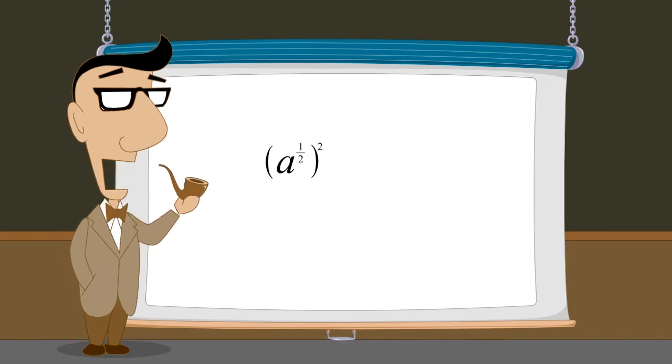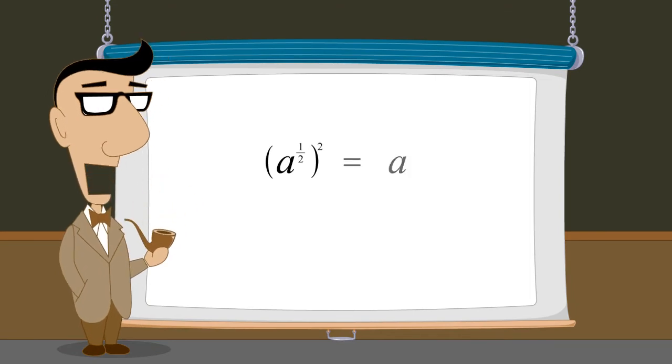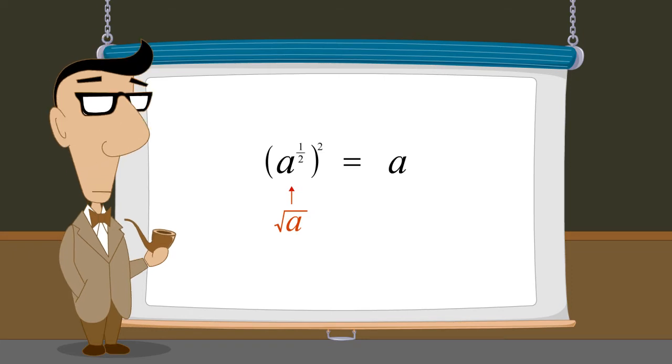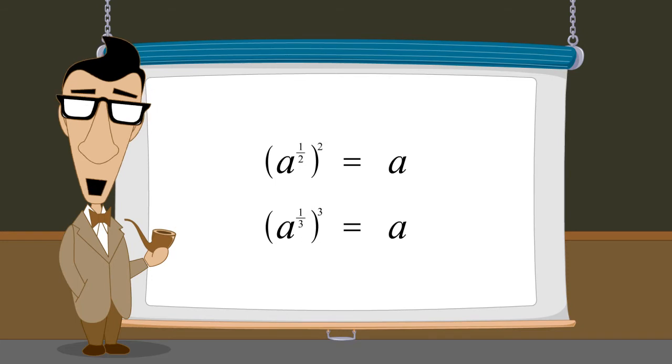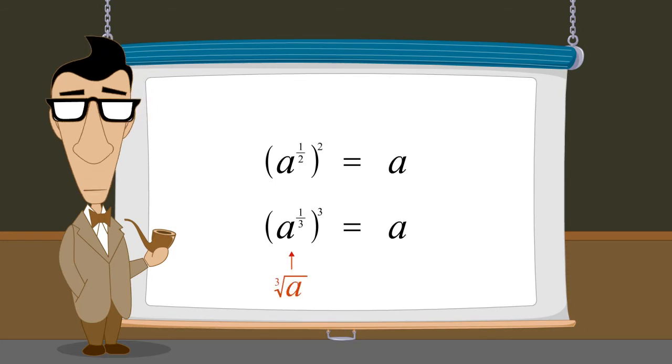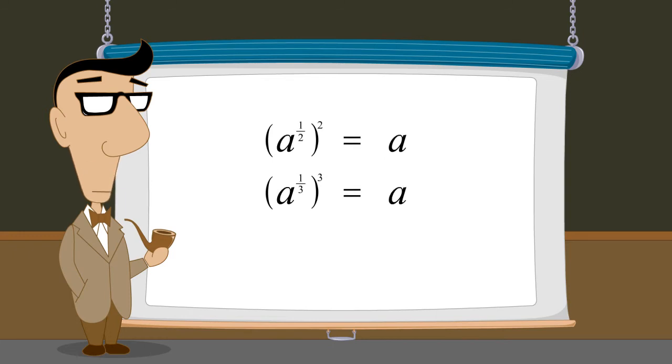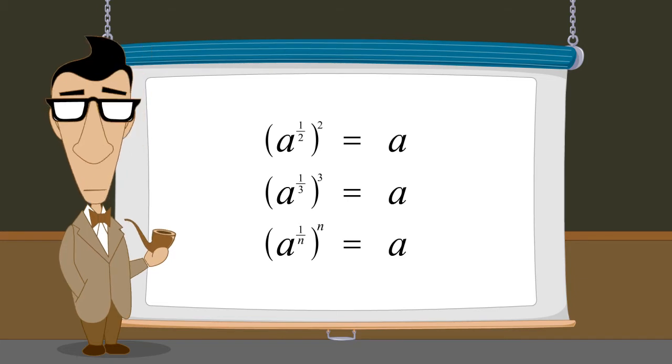We saw that because a to the 1/2 squared is a, a to the 1/2 is the square root of a. And since a to the 1/3 cubed is a, a to the 1/3 is the cube root of a. Like the exponents 1/2 and 1/3, the same logic applies to any fractional exponent, 1 over n.